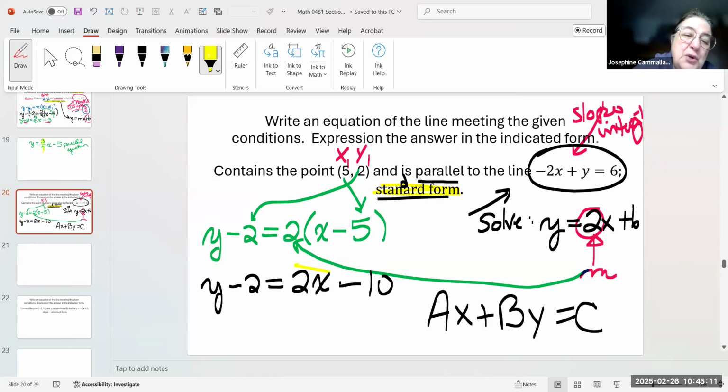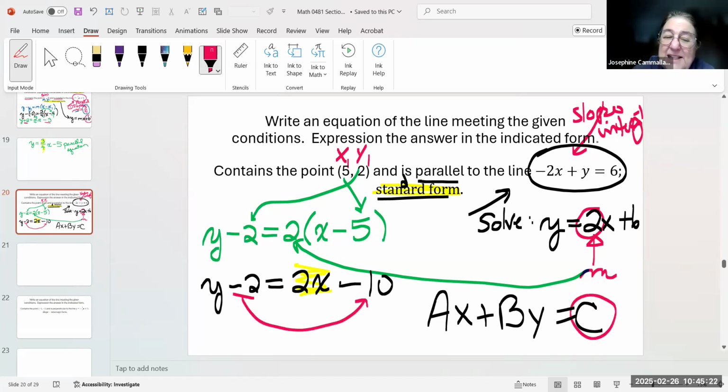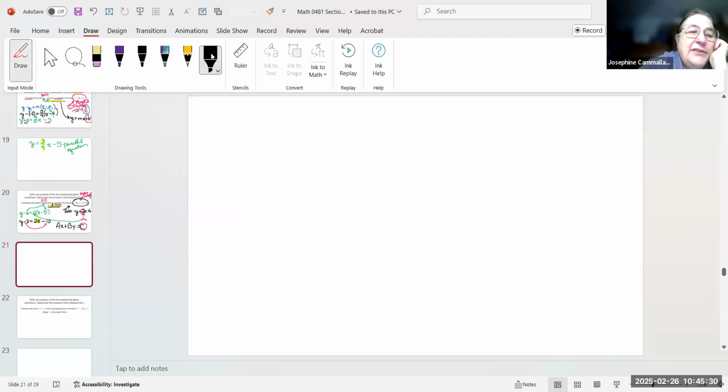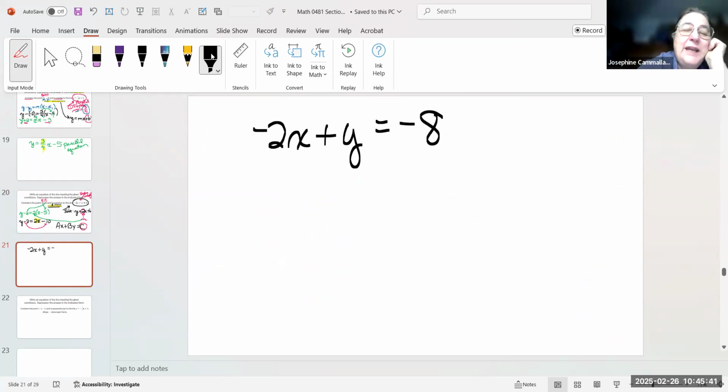This 2x term is on the wrong side, but this negative 2 has got to come to that side to give me my c. Well, let's look at the next slide. This is going to give me a negative 2x + y is equal to a negative 8.